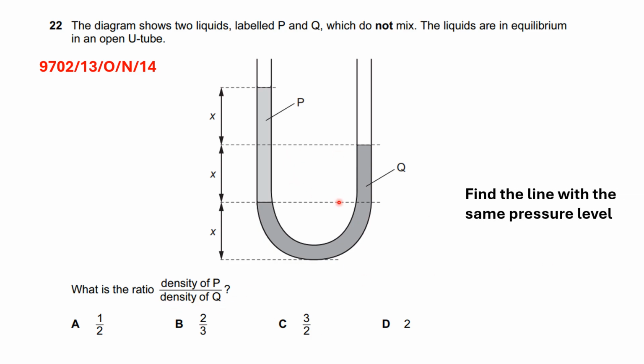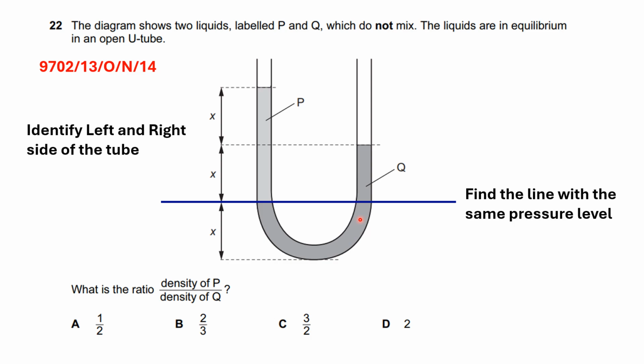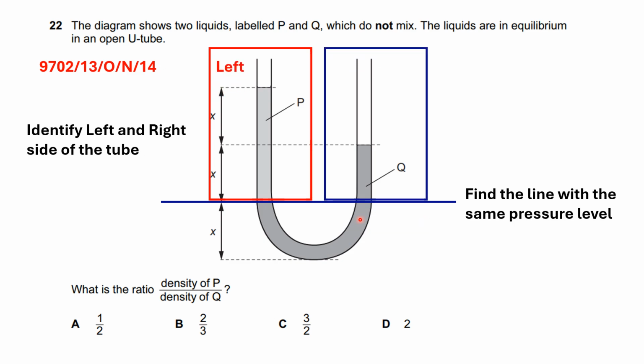First, let's find a line with the same pressure level. Then identify left and right side of the tube. This is left and this is right.